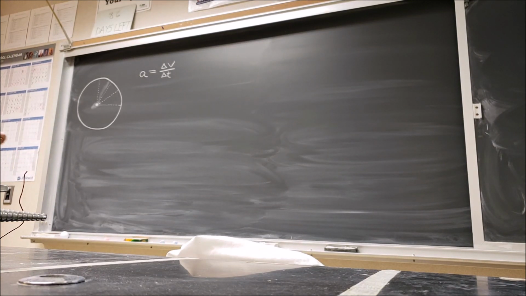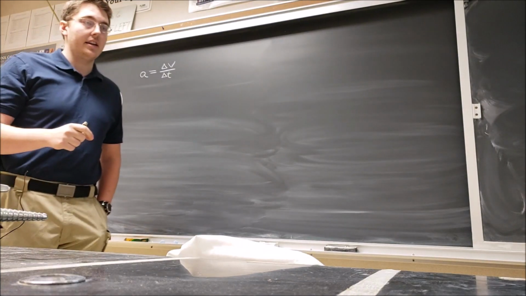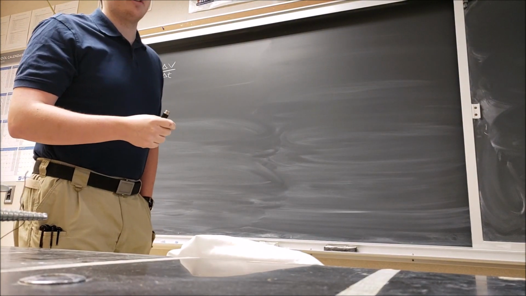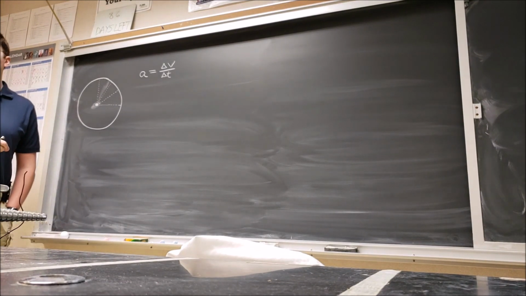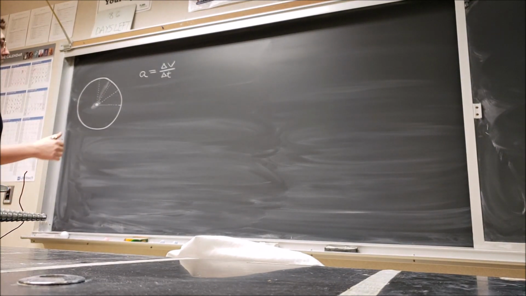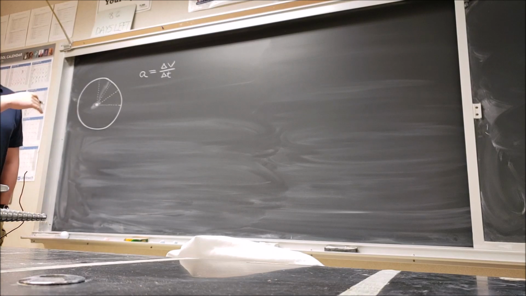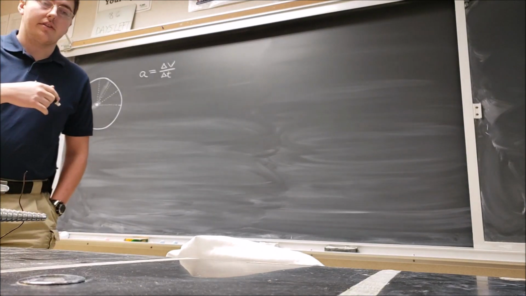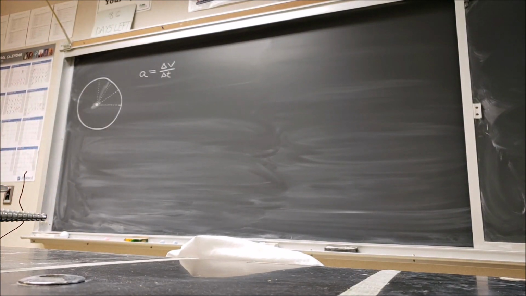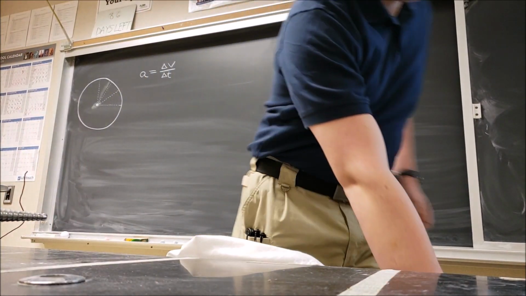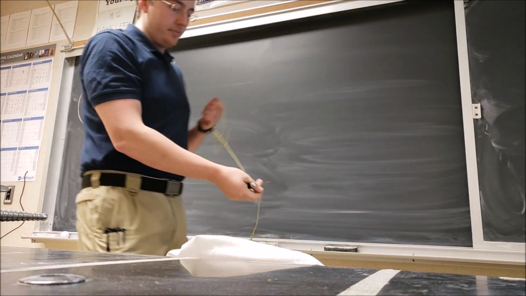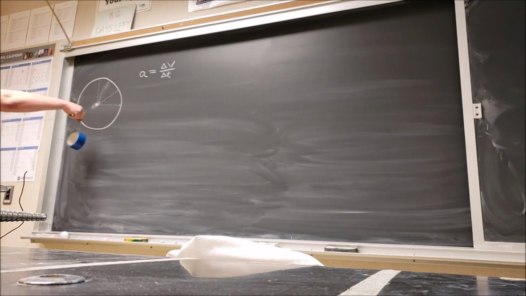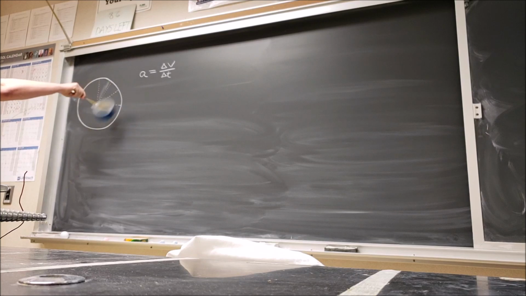We need to learn about a new type of acceleration that's a little bit different. This type of acceleration is only coming from a change in direction. And so in order to do that, let's look at a circle. If you are traveling in uniform circular motion, that means you're spinning something around at a constant rate.